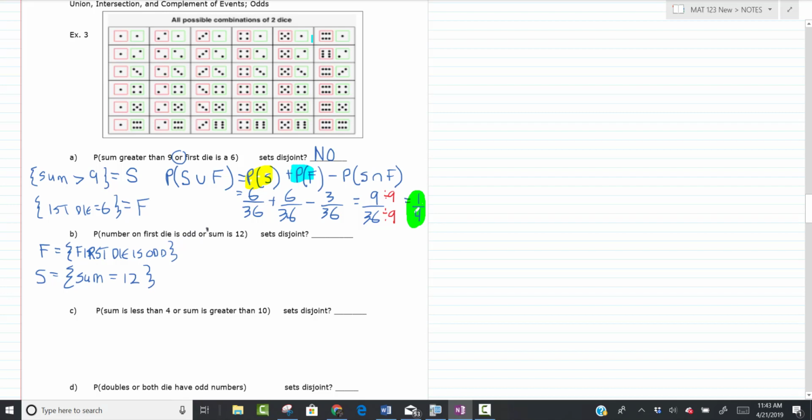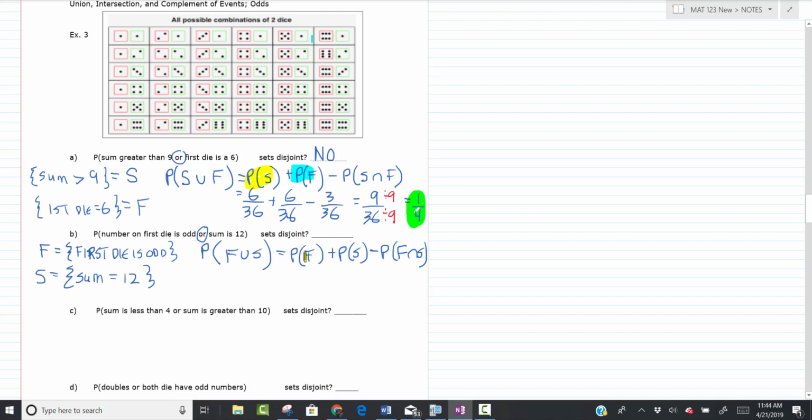Again, we're doing an OR probability, so we're going to use the union formula. Write down your formula. We're doing the probability of F union S. That means we do the probability of F plus the probability of S minus the probability of the intersection.